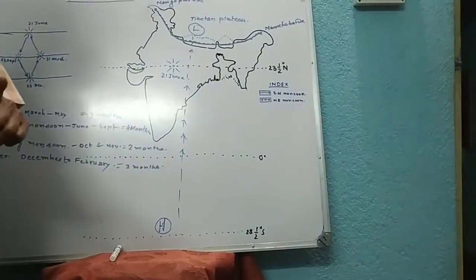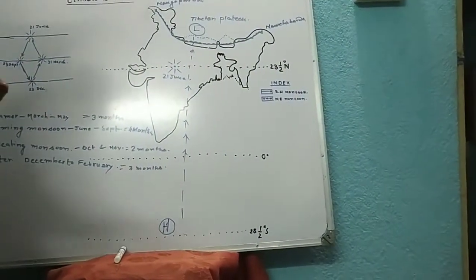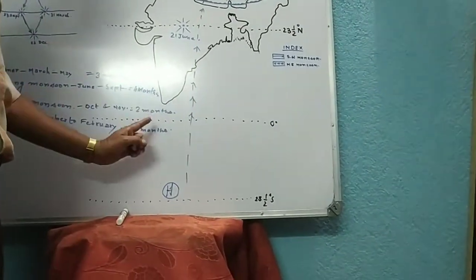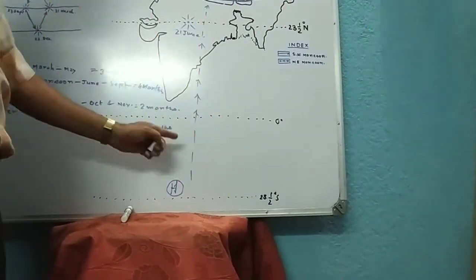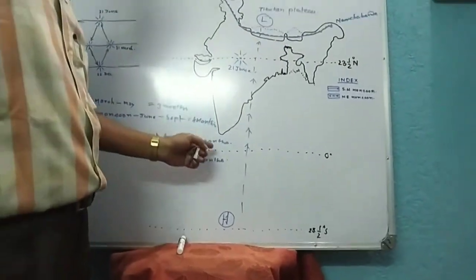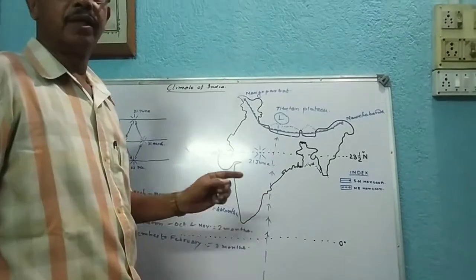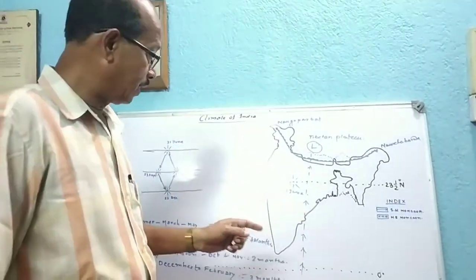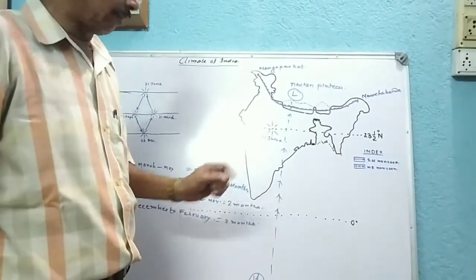In the last class, I already mentioned that the wind in the southern hemisphere turns towards the left, and in the northern hemisphere, at the time of its blowing, it turns towards the right.